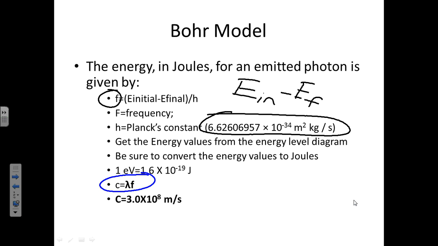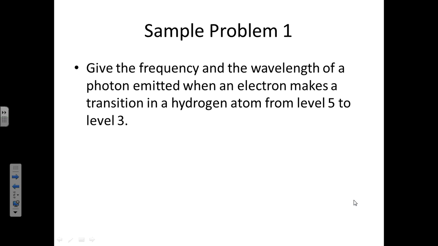So the first thing we're going to do, let's just work a problem. Let's say we wanted to work this problem. Give the frequency and the wavelength of a photon emitted when an electron makes a transition in a hydrogen atom from level 5 to level 3. So let's go back to that chart. What's the first thing we need to know from the chart?